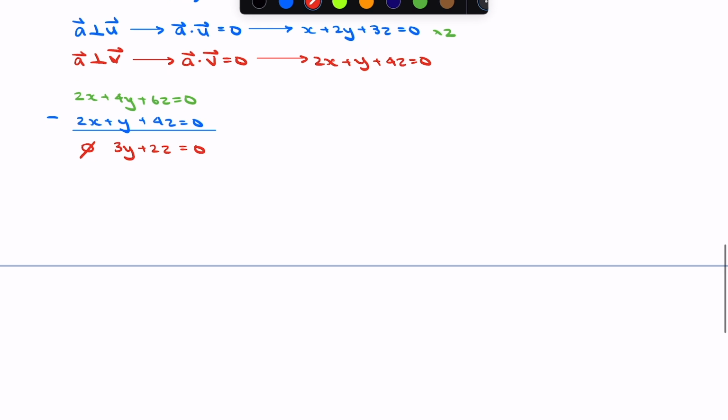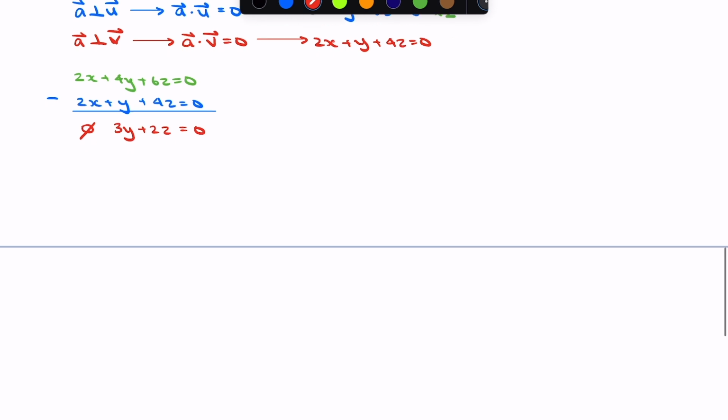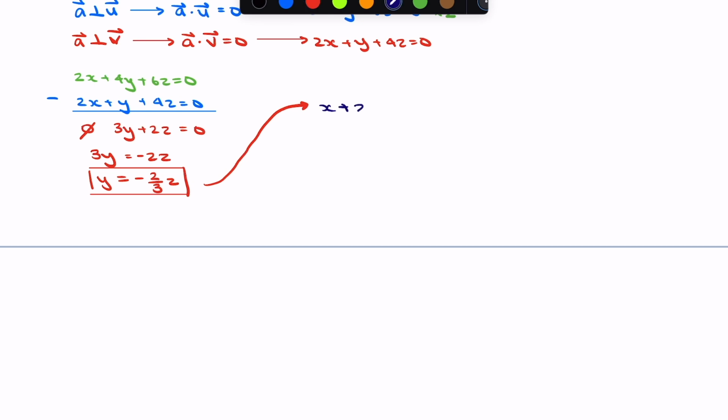And here we have 3y is equal to negative 2z, and y is equal to negative 2 over 3 z. Now we're going to sub this back into our equation of x plus 2y plus 3z is equal to 0.